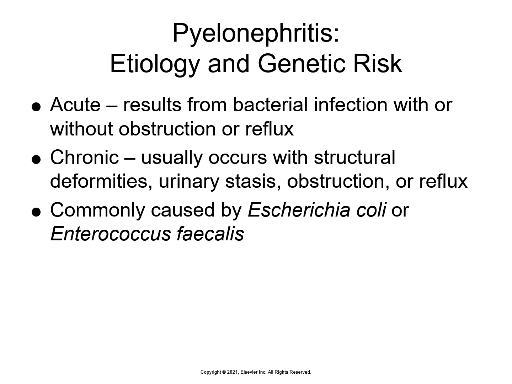So if it's acute, it will occur because of an infection that occurs in the bladder, and it doesn't have anything to do with obstruction or reflux. If it's chronic, it usually does occur with some sort of deformity or something that's going on that they have reflux or an obstruction. The most commonly caused bacteria is E. coli or the Enterococcus.